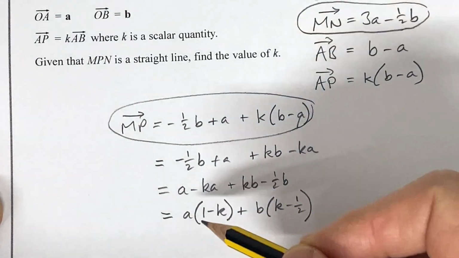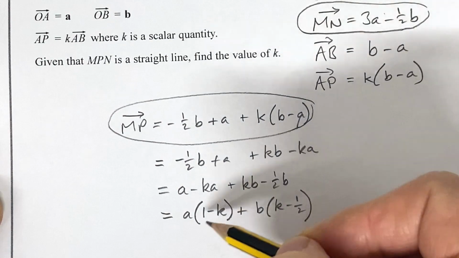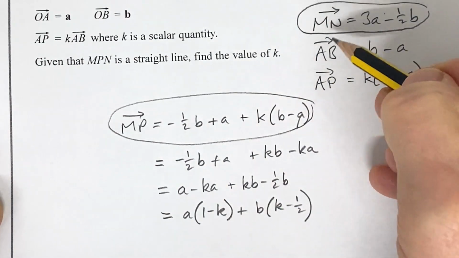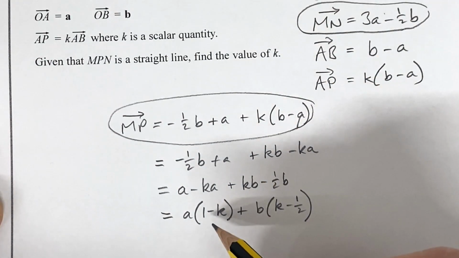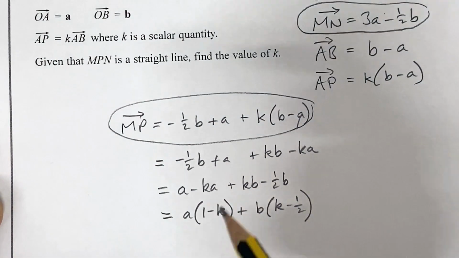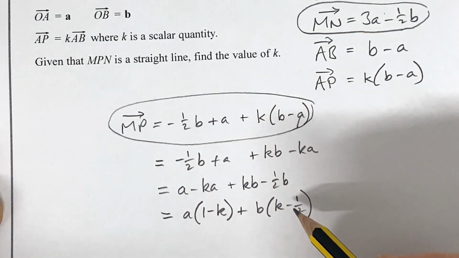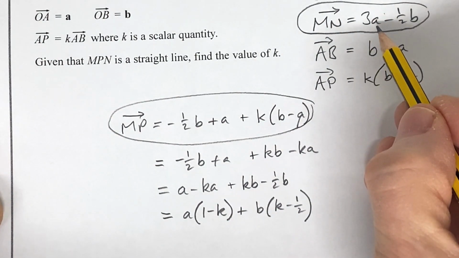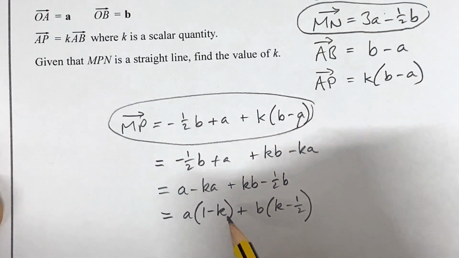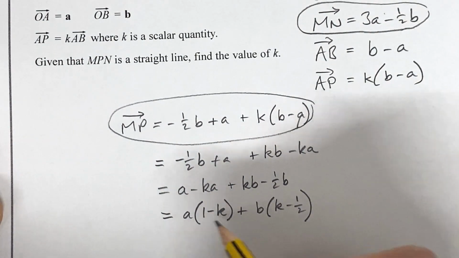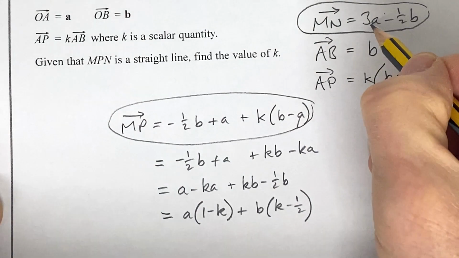And really what we're doing is matching those across there. Now we know that MN is a multiple of this. So if we look at each part separately, that says 3A, this says 1 minus KA. We need to multiply the 1 minus K to get that 3.